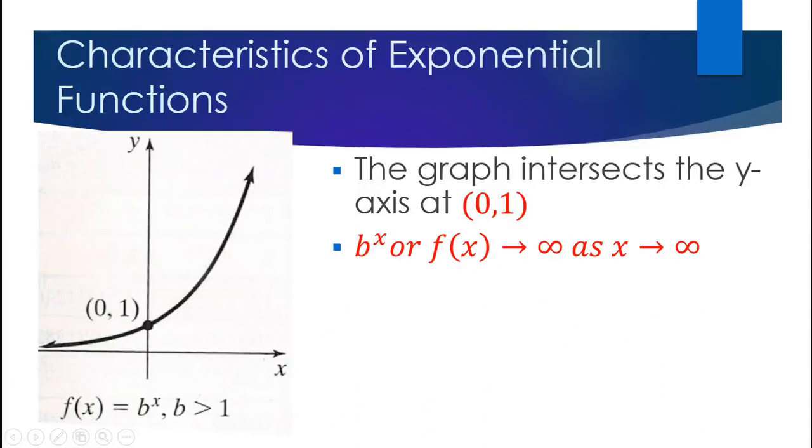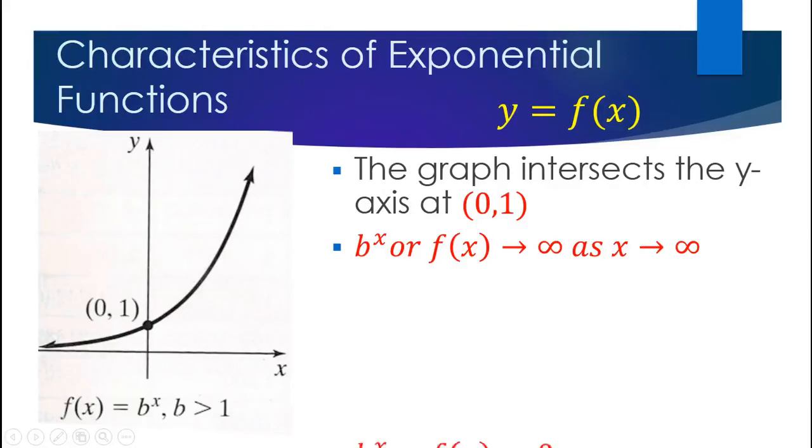Also, papansin natin, f of x approaches infinity as x approaches positive infinity also. Sino ba si f of x? F of x yun yung y natin. Papansin natin yung y is increasing infinitely, pataas. And at the same time, if f of x is increasing infinitely, yung x natin is approaching positive infinity also. Ibig sabihin, kumakanan yung ating curve.